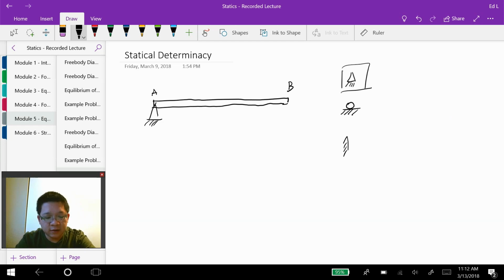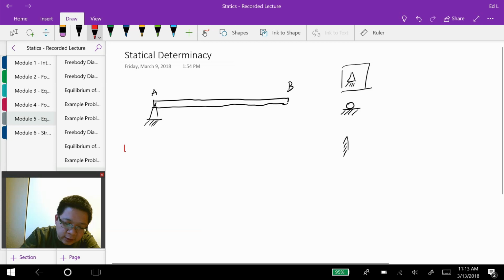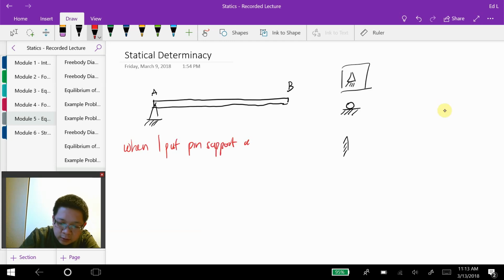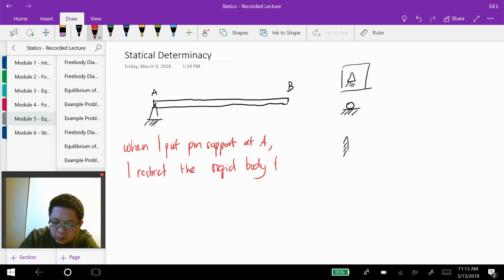The answer is the vertical and horizontal motion. So when I put a pin support at A, I restrict the rigid body translation, both vertical and horizontal.